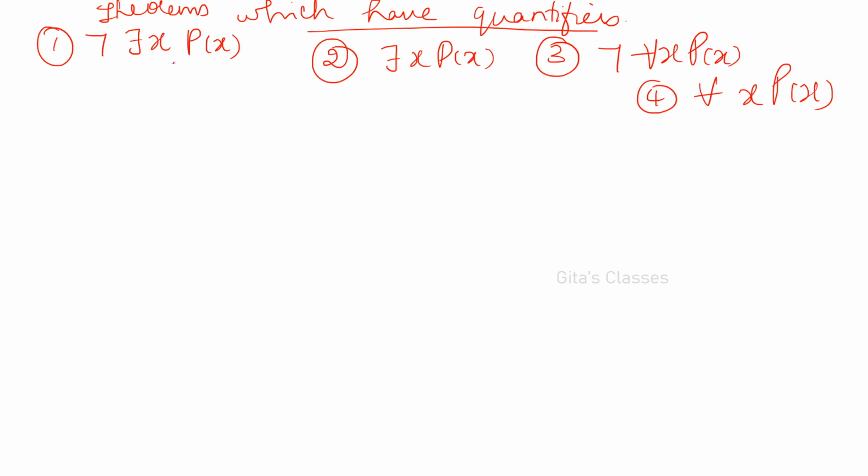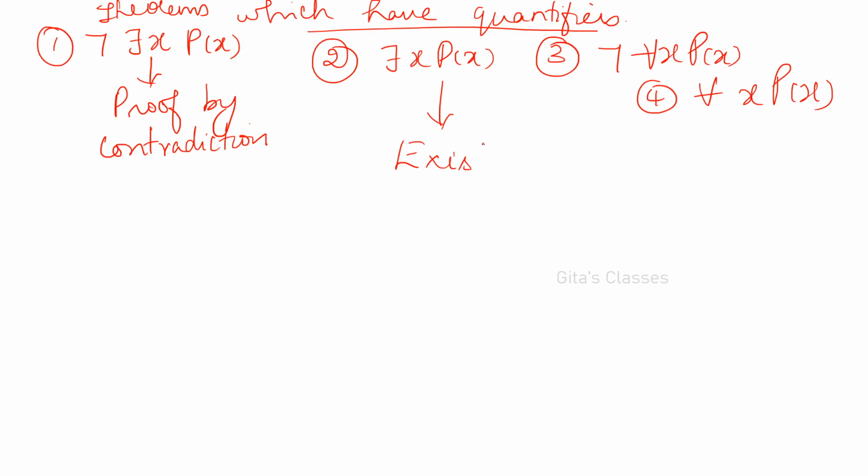First one, this one we can prove. This is called proof by contradiction. We can prove these kind of statements by proof by contradiction. The second is what? Existence proof. There are 2 types in existence.